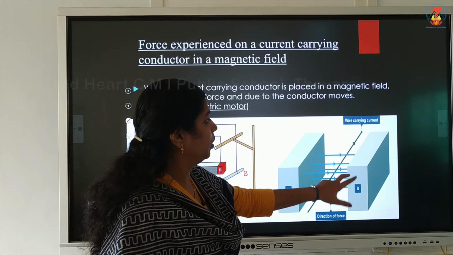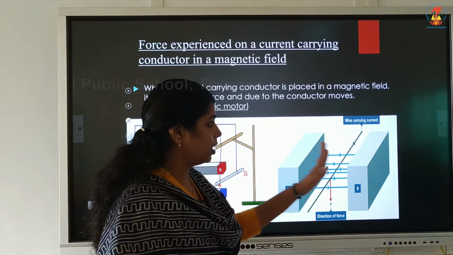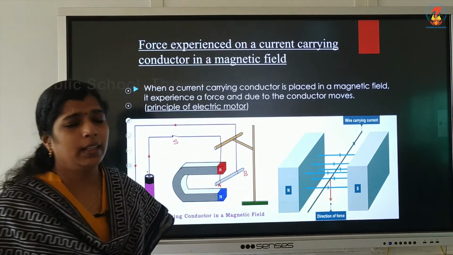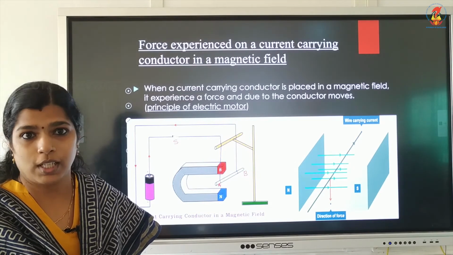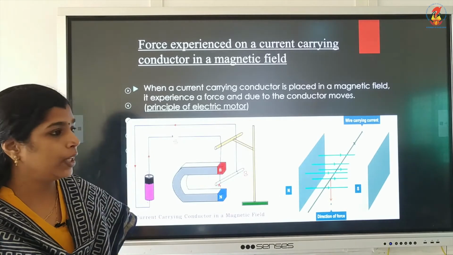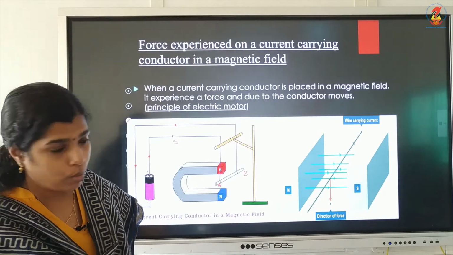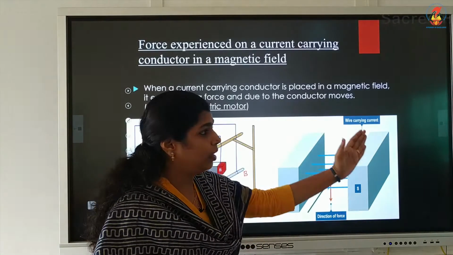these are the two poles of a permanent magnet, one is the north pole and the other is the south pole. You can see that the direction of the magnetic field lines is from north to south. Then, in which direction is the current moving?